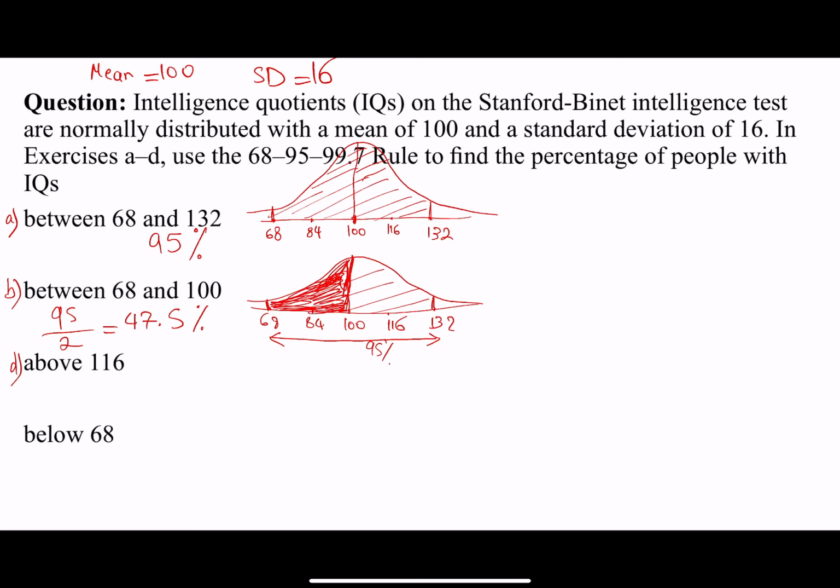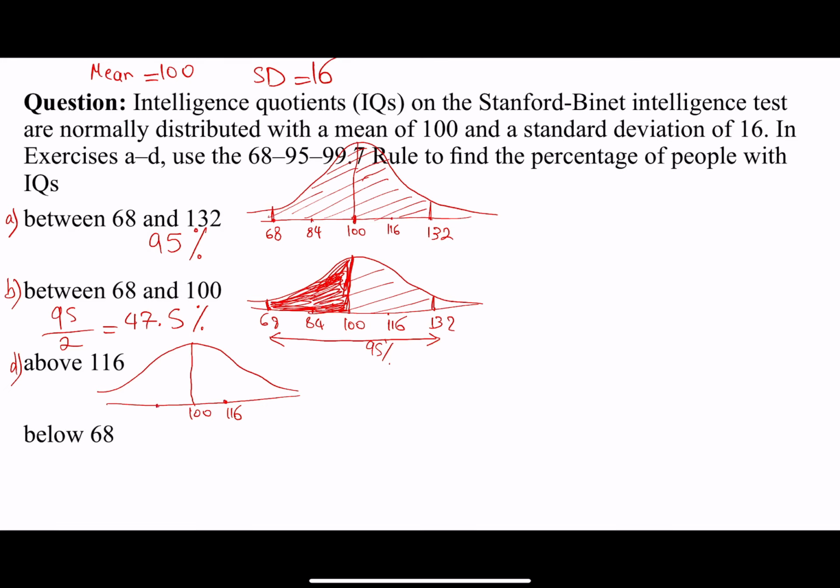Part D, it says above 116. Guys, 116 is one standard deviation higher than the mean value. So let's see. If this is our graph, here is 100. 116 is one standard deviation to the right.